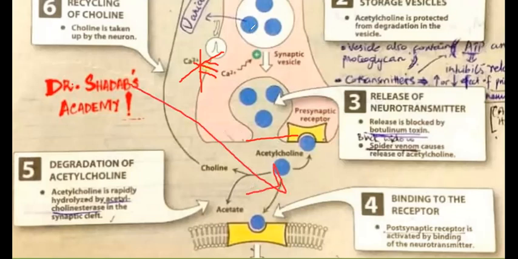Why? Because the acetylcholine has been released, but as he functions more and more, there is not sufficient acetylcholine left in this cleft, because these receptors are destroyed. Do you get my point?